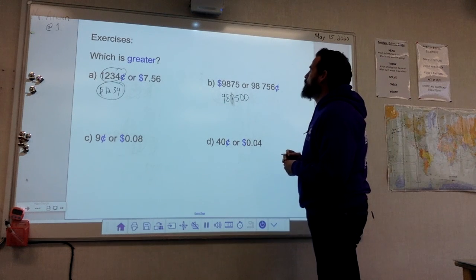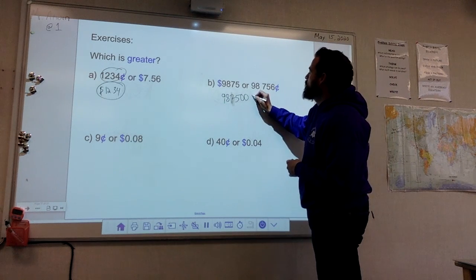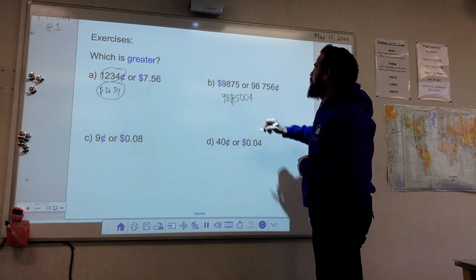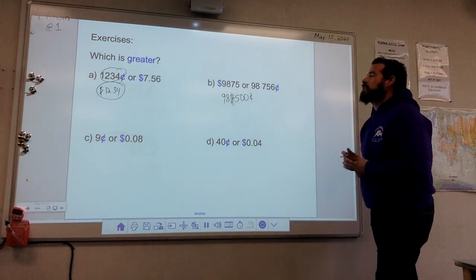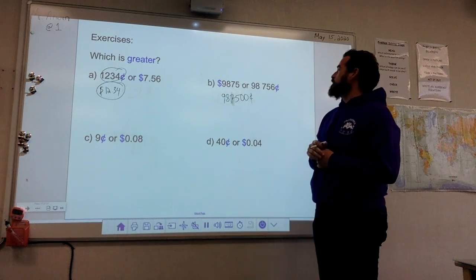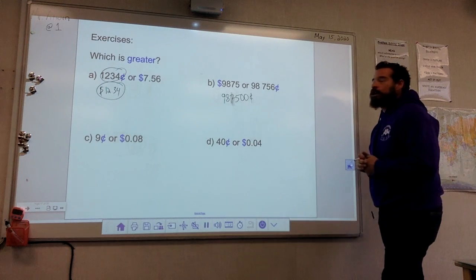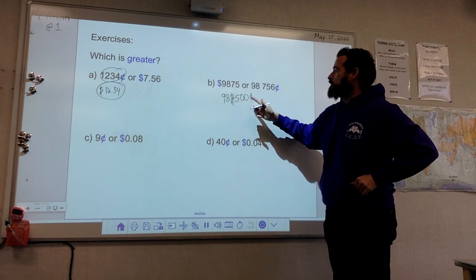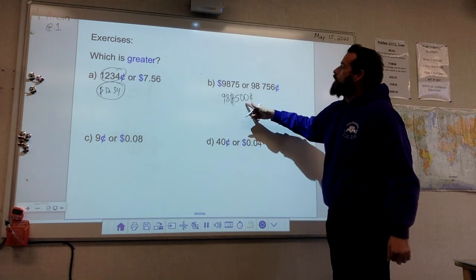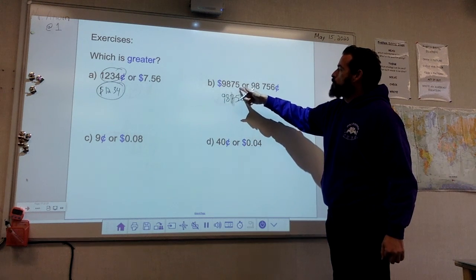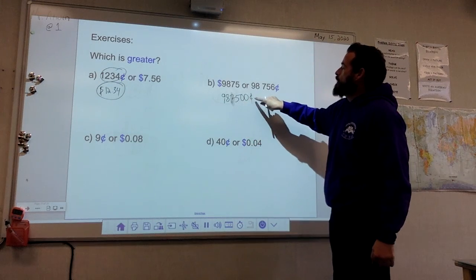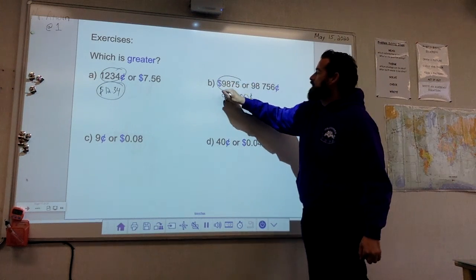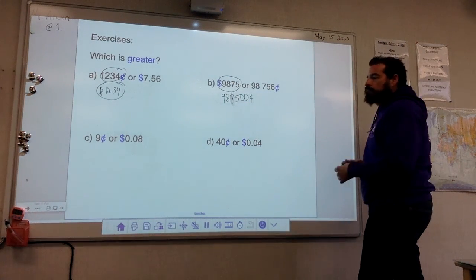So that's telling me that I've got 987,500 cents versus 98,756 cents. Since I'm putting 2 zeros on the end here, because remember there have got to be 2 numbers to the right, that's telling me that this is a greater amount than that.